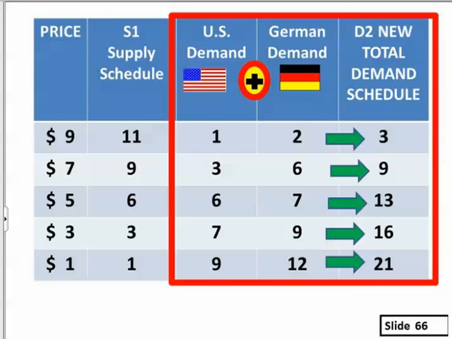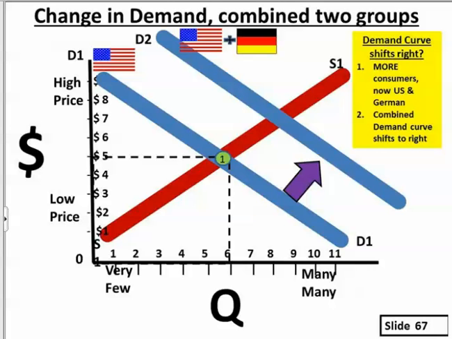And so forth. So just looking at the little green arrows. Because we've added more consumers, we now have created a new demand curve, D2, that is the sum total of both US and German demand, that is shifted to the right from the original US demand.